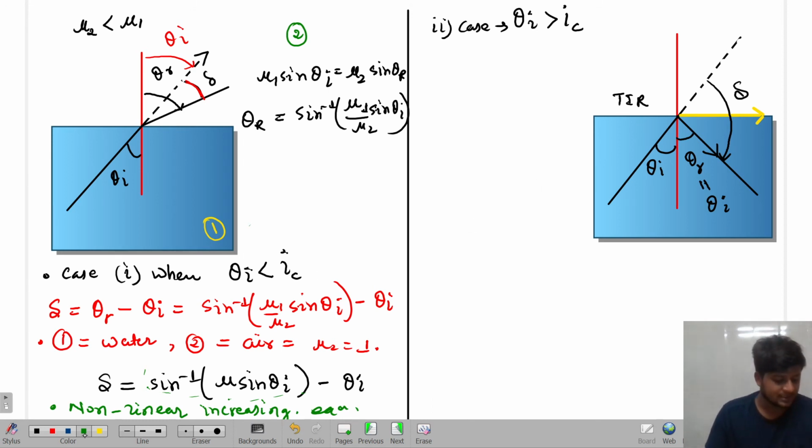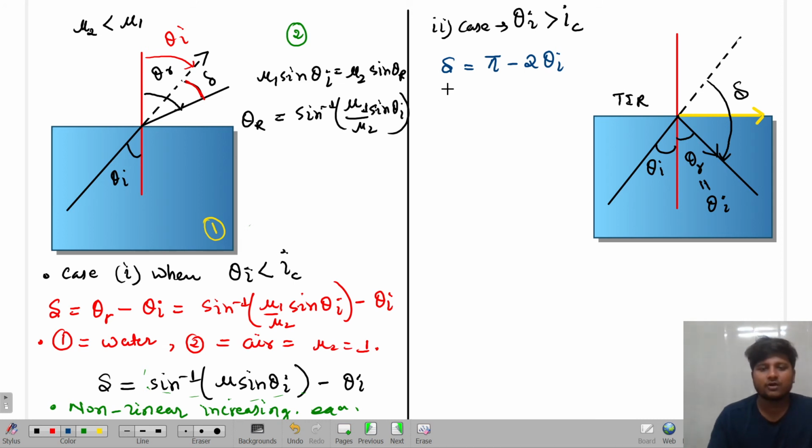Second case: when the particular ray is doing TIR. Now when it is doing TIR, what is this deviation? I can write the deviation as 180 degrees, or pi minus theta I. Yes or no?